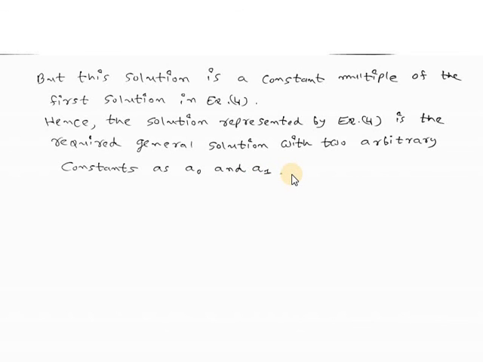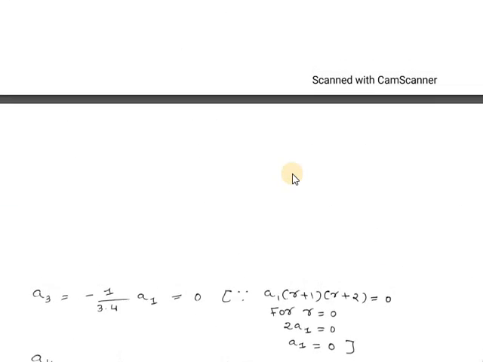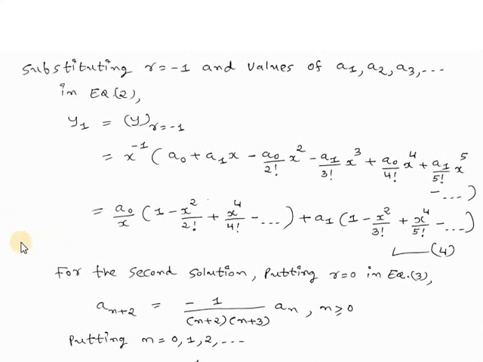So the final general solution is what we have obtained as the first solution. This is the final general solution because it contains two arbitrary constants a0 and a1. So this is our final answer of the given question.